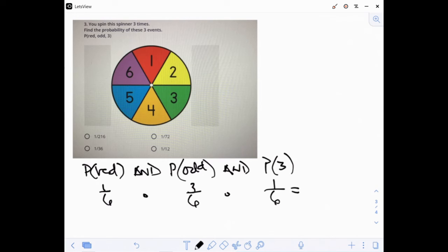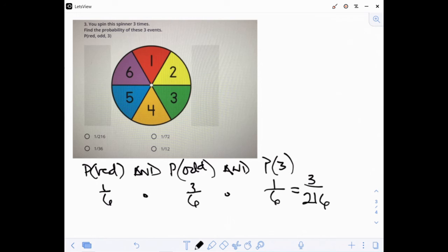I multiply across the top for the numerators, that's going to equal 3. I multiply across the bottom for the denominators, so that's 6 times 6, which is 36, times 6, which is 216. So the probability of getting the red and odd and 3 is 3 out of 216.